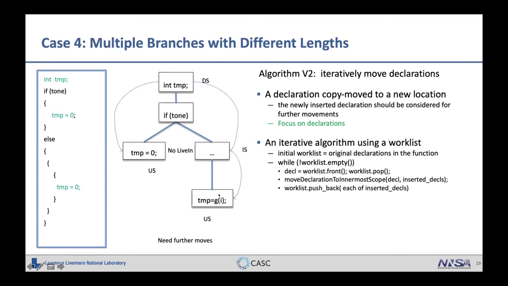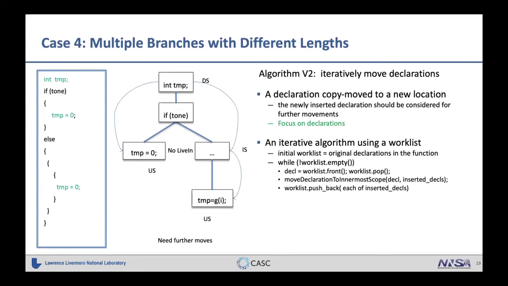So we changed our implementation to use a worklist-based iterative algorithm. We repetitively find movement opportunities and move the declarations around, until we reach the point where no further movements are possible.